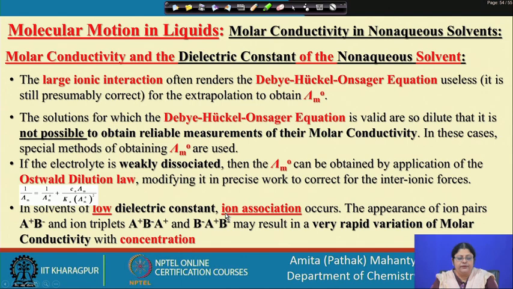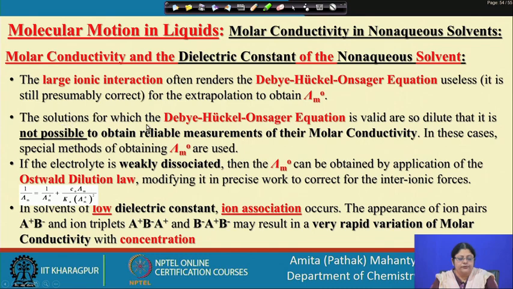If we see the effect of dielectric constant coming from the Debye-Falkenhagen theory, large ionic interactions will often render the Debye-Falkenhagen equation useless. It is still presumably correct for extrapolation to get the molar conductivity at infinite dilution.